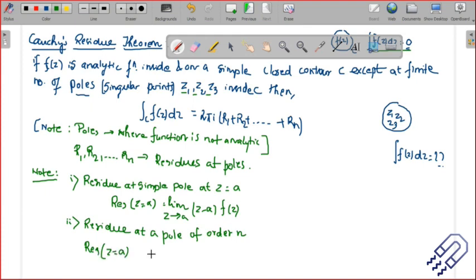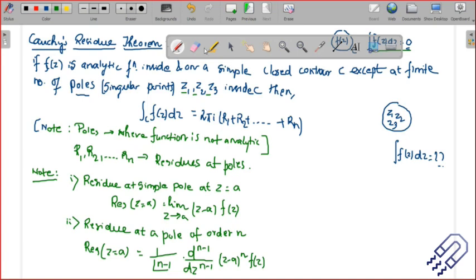These are all important. I just have to remember it once, and then you can put it to good use. It is 1 divided by factorial (n minus 1) into d to the power n minus 1 by dz to the power n minus 1 of (z minus a) to the power n times f of z. This n is the order, whether third order, second order, and so on. That's the second thing that you should remember.